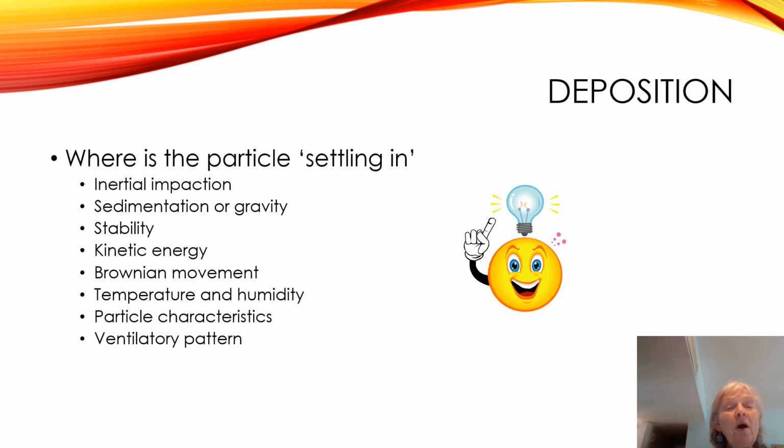If they're too small, less than 1 micron, they are stable and they're going to stay in suspension. And what's going to happen is they're not going to rain out into the airways where we want them to be. Kinetic energy, again, is where all the particles are in constant movement. And as a result of this constant movement, they're constantly running into each other. And this is part of the principle we try to use to allow more medication to settle out.